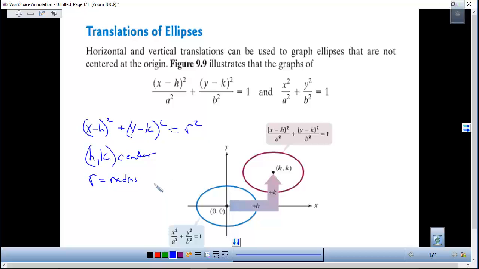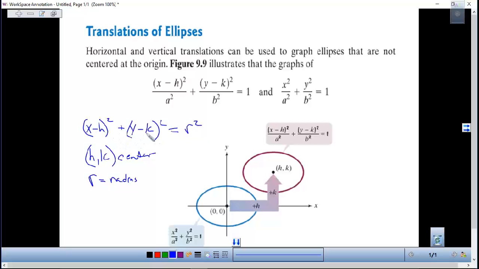Now, because we've got an ellipse, we're of course not going to have a radius for this thing, but we are going to be able to know which way is the long axis, which way is the short axis. Well, we've already looked at that, and that has to do with which one is the larger of the two numbers squared on the bottom. That's going to tell you.